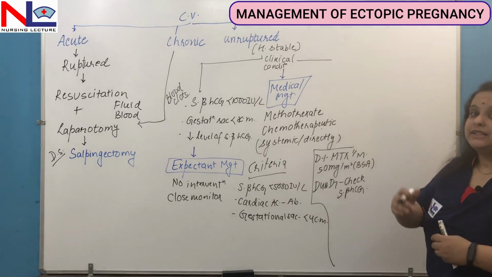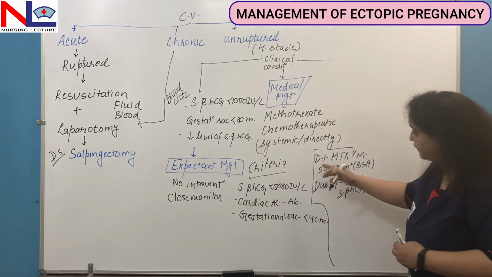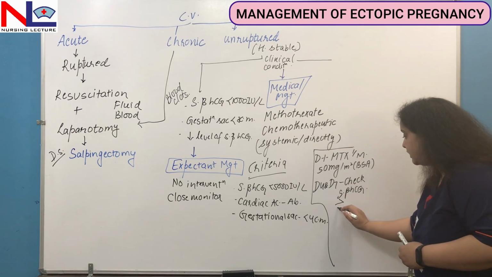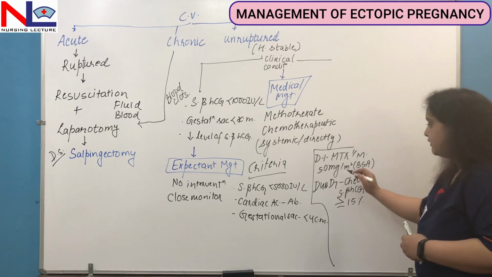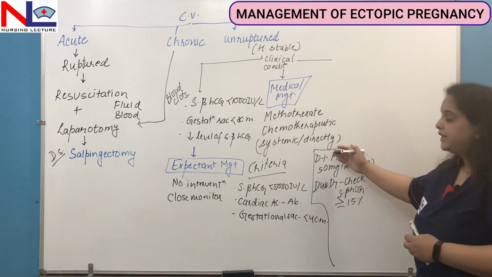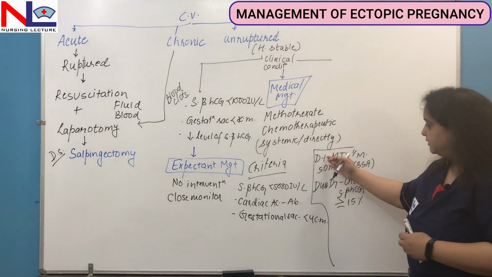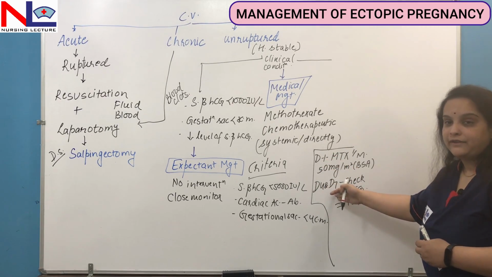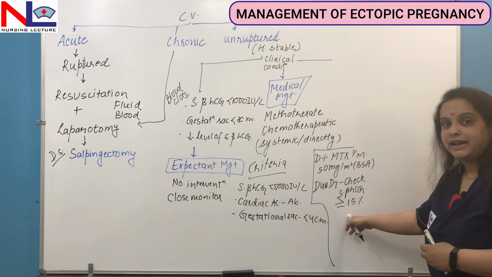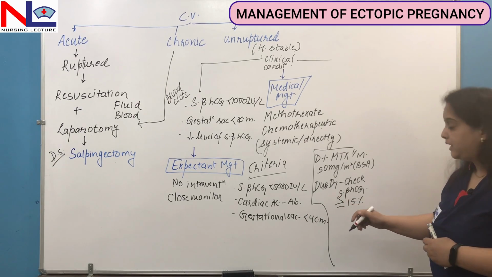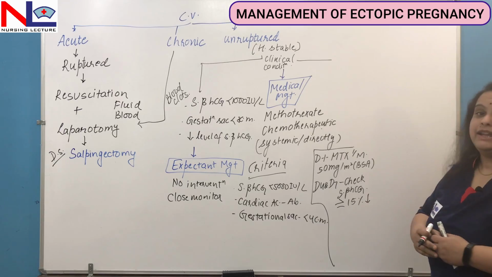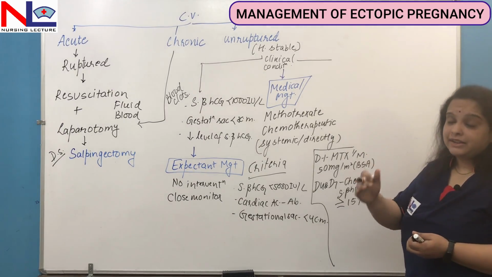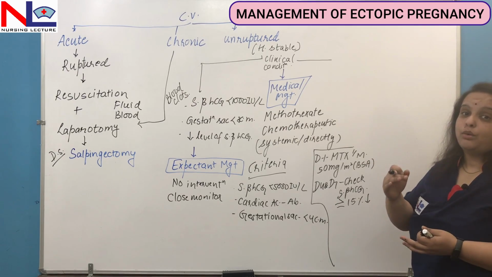If it is declining from the previous reading of day 1, by more than or equal to 15% from the previous reading, and it is continuously declining from day 4 to 7, how much should it be declining? More than or equal to 15%. If it is declining, then we can rely on this medical management, that yes, this treatment is working.